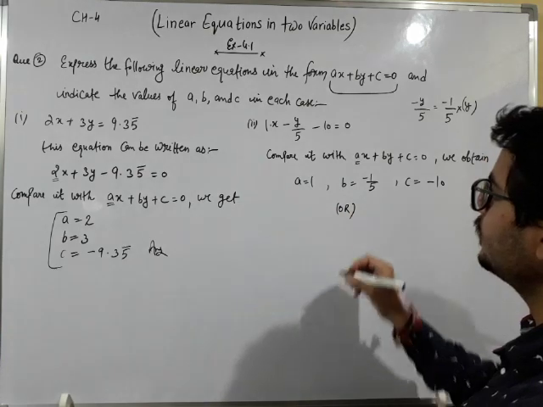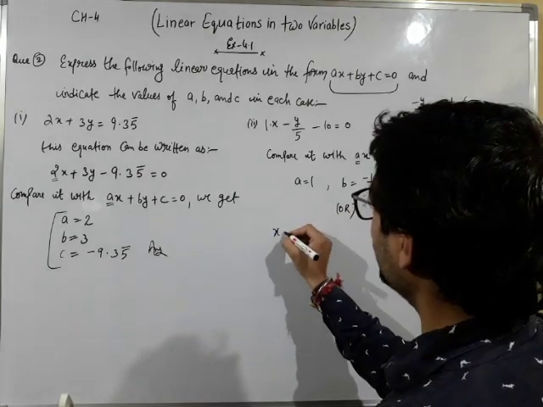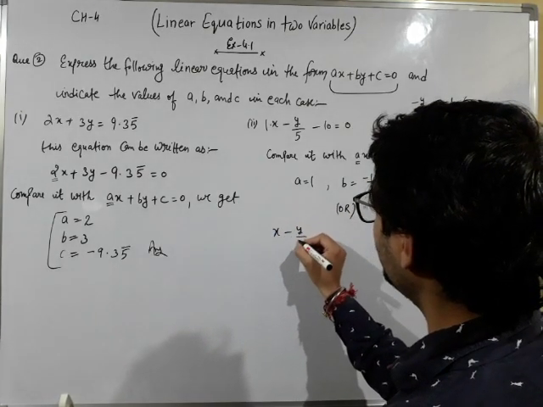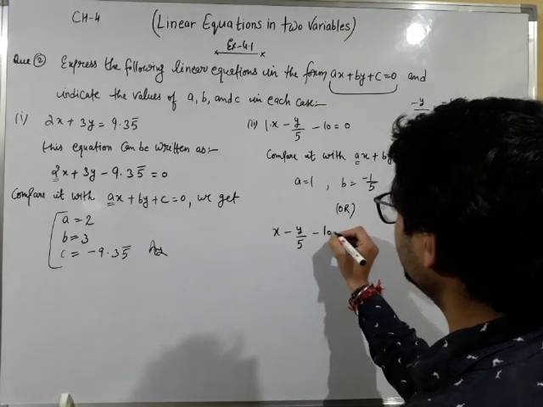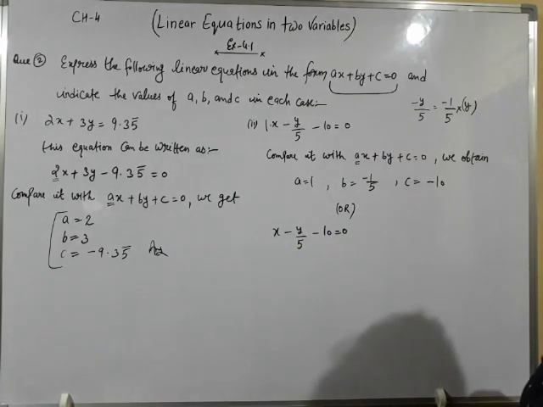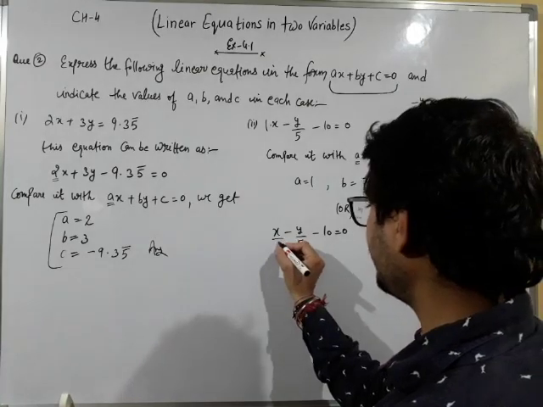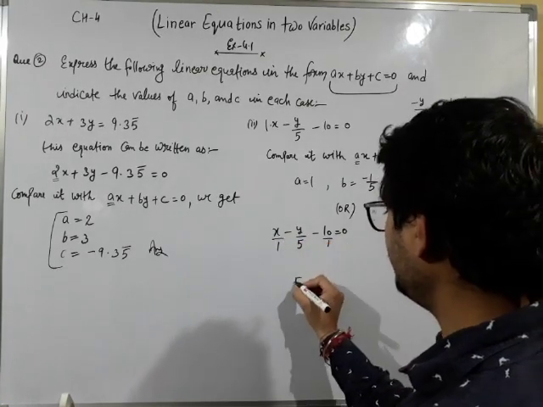Or we can do one more thing in this part. x minus y upon 5 minus 10 is equal to 0. Take the LCM of the left hand side. So the LCM will be 5.